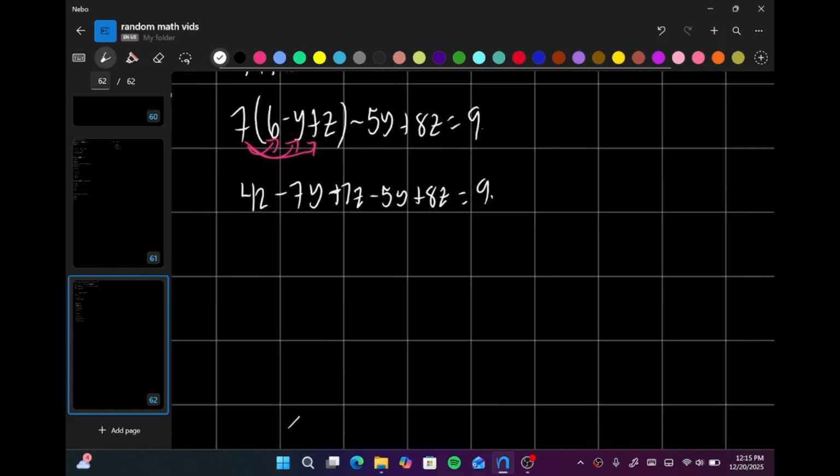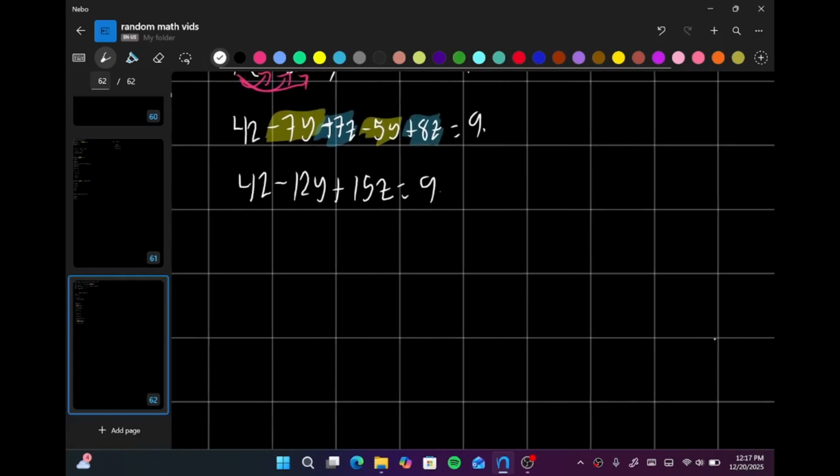Looking at like terms, we have negative 7y and negative 5y, that's negative 12y. We also have a 7z and an 8z, that is 15z. So 42 minus 12y plus 15z equals 9.